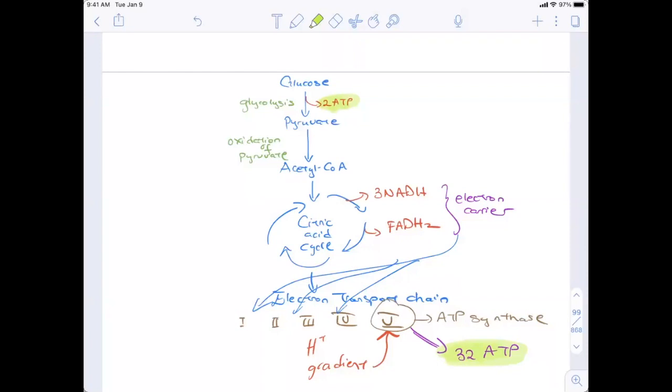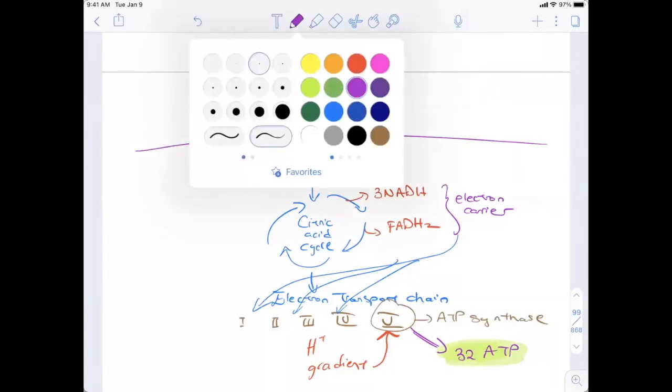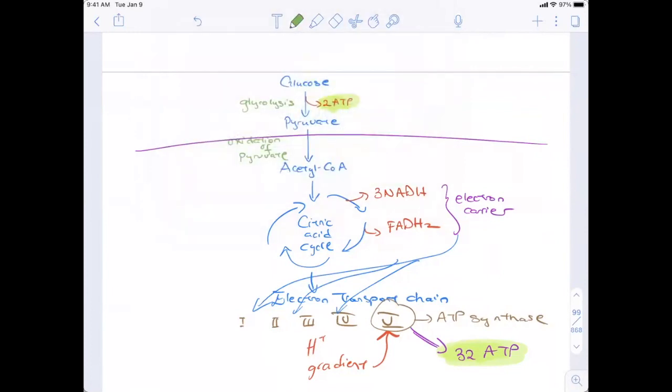However, there are some scenarios where we cannot go all the way and we have to rely on glycolysis, okay? But remember, the key thing is, if I was to draw a line right here, what I talked about in the very beginning, in terms of ATP production, this level up here is my substrate level phosphorylation.